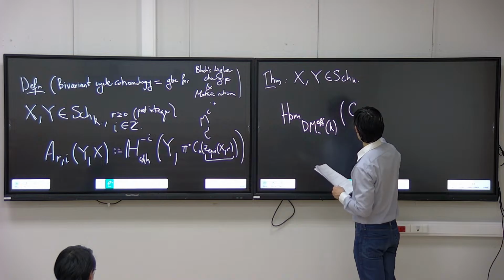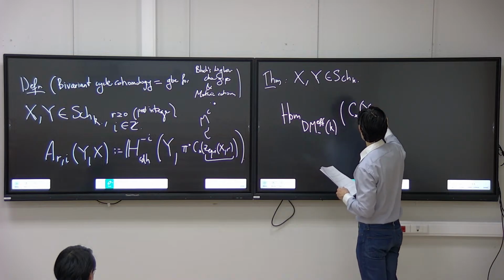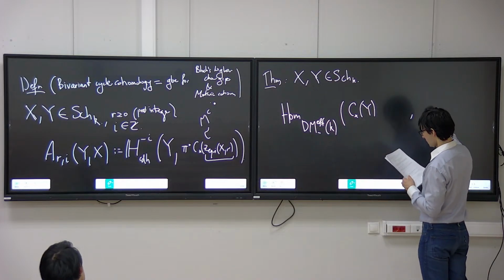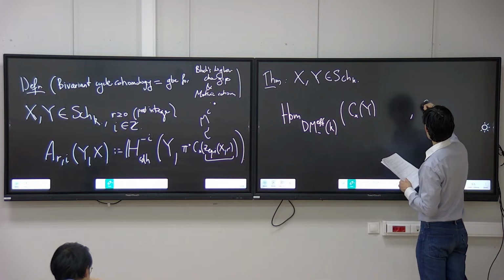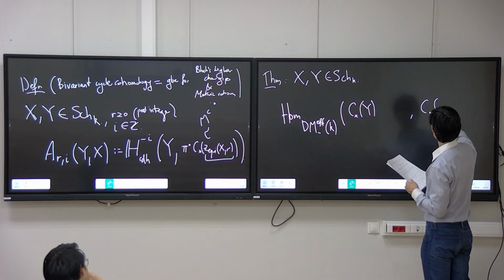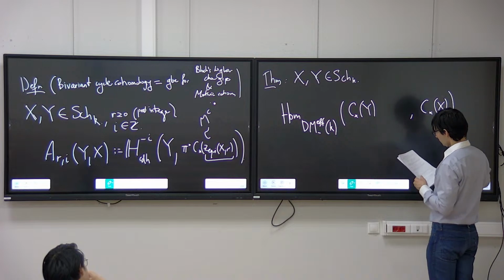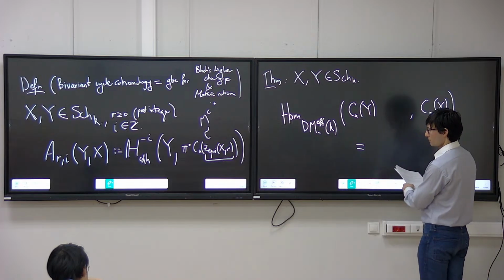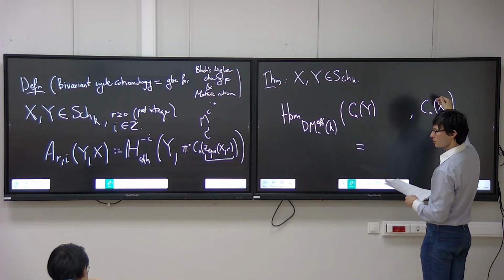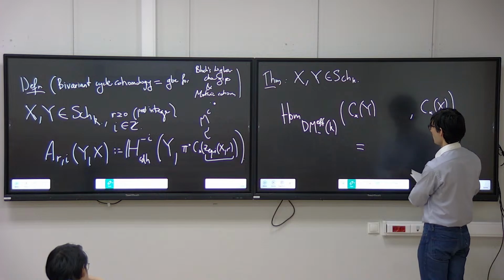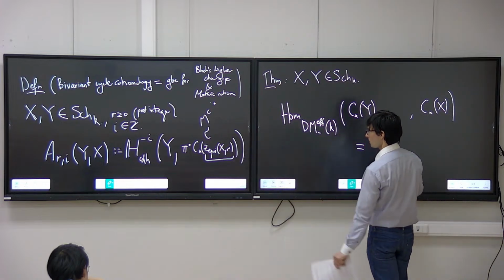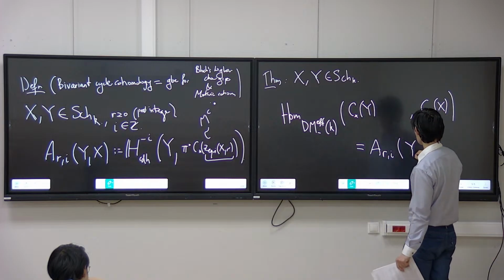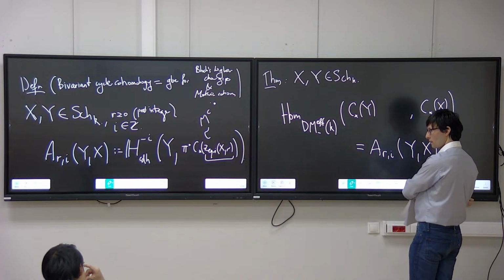I want to study morphisms from the motivic complex attached to Y and the motivic complex attached to X, and I want to make this equal to this CDH topology, which is not unexpected, because when I had a random sheaf F here, I had the CDH topology appearing. And it turns out that the correct way to do it is it's actually equal to ARI of YX. So it'll just be a generalization of the previous fact that I wrote down.